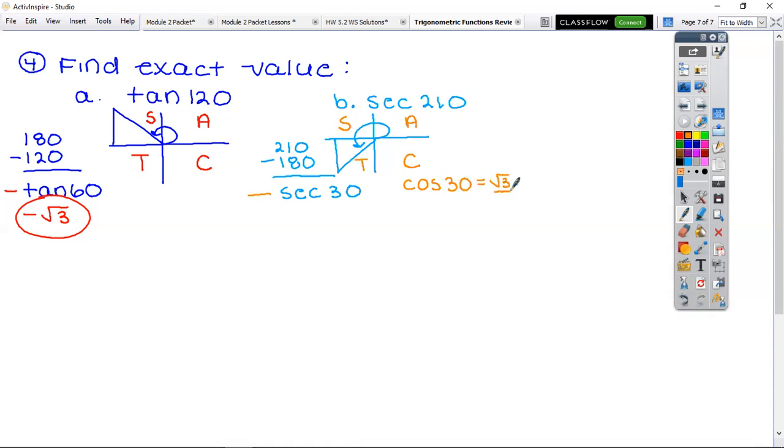So now what I do is take it and flip it. So this is negative 2 over square root of 3. I rationalize, and there is my final answer. So I am left with negative 2 radical 3 over 3. Again, exact value indicates no decimal answers.